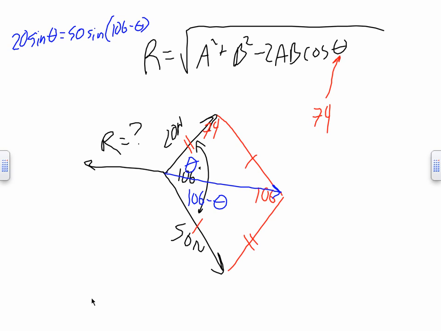How do you solve that for theta? Can any of you solve that for theta? I'll be honest, I couldn't figure out what to do.